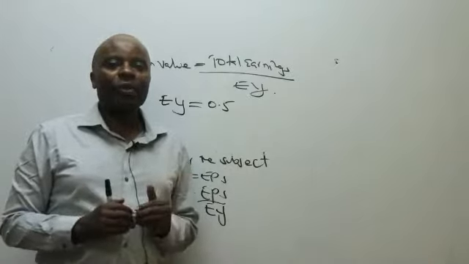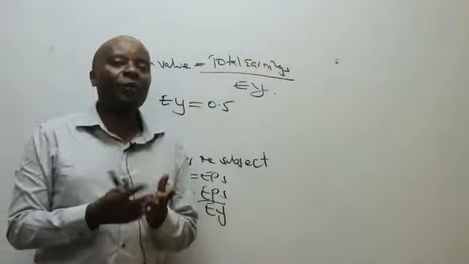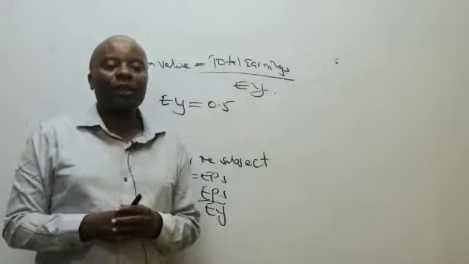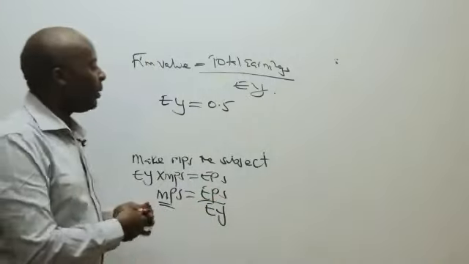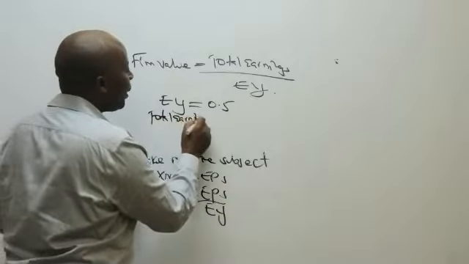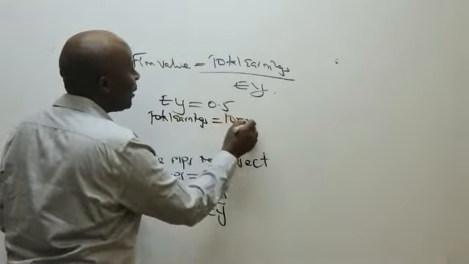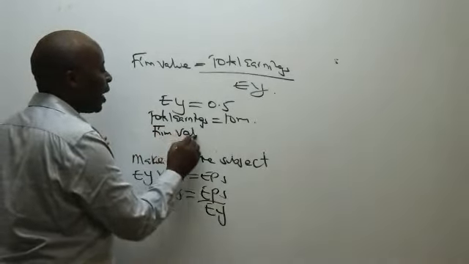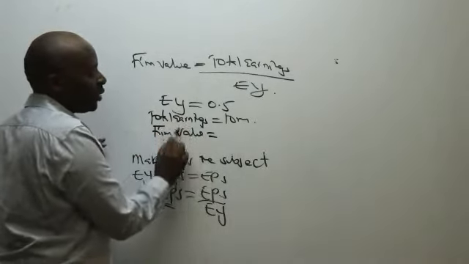Once I get access to the income statement, I look at the profitability. Specifically, I will look at the profit after tax. So the profit after tax is what I'll pick as my total earnings, assuming that the total earnings here are 10 million as well. Then I'll be able to get what we call firm value using the earnings yield.